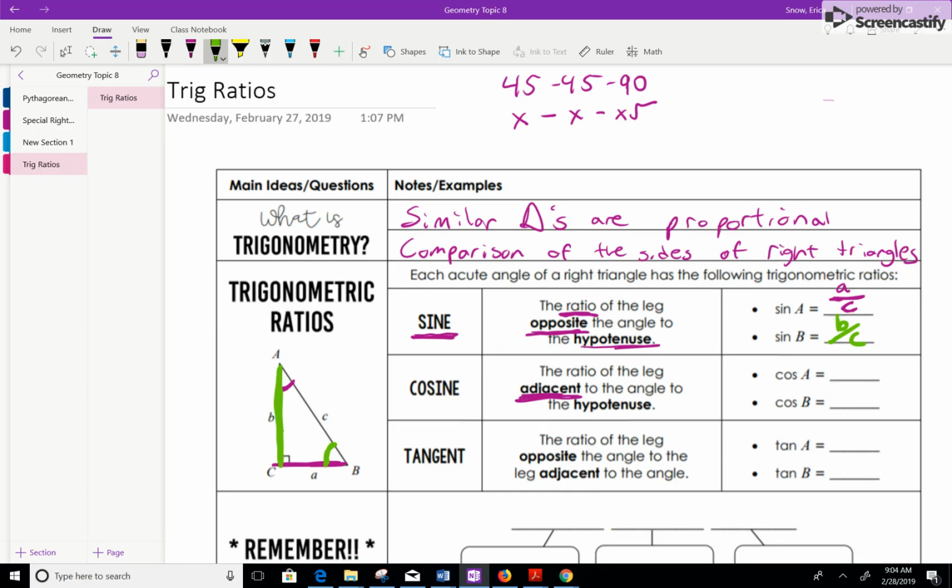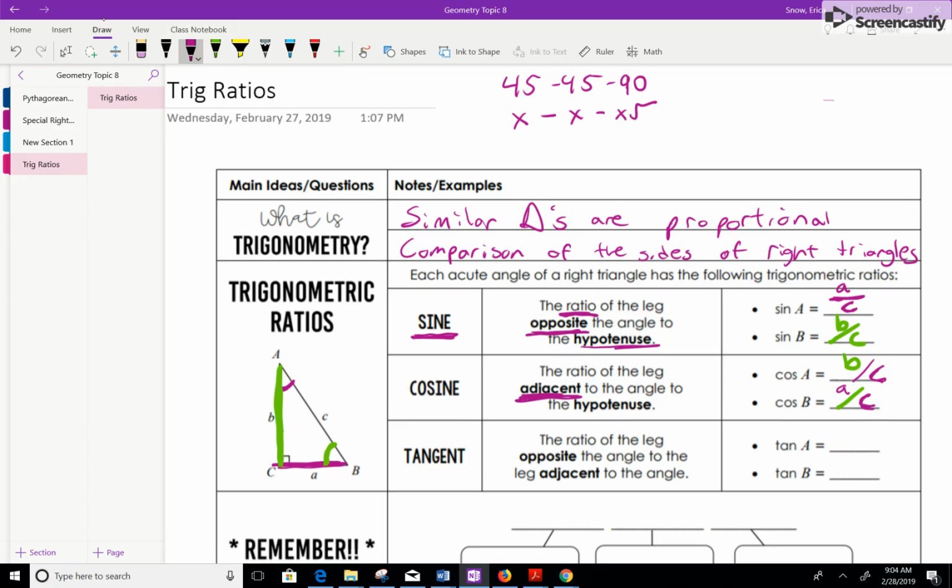So for A, our adjacent side is actually B, and then our hypotenuse stays with C. And then for angle B, our adjacent side is side A, and our hypotenuse is still C. Should have probably done C in a different color, but you get the idea.